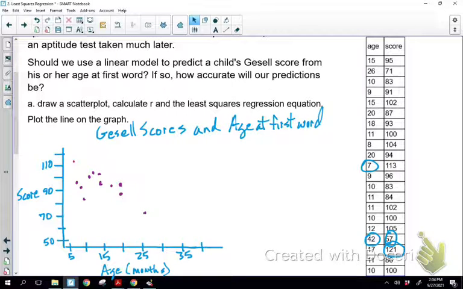I feel like I already made that dot. Put it right next to it. I feel like I already got lost. 11, 84. I don't know. 11, 102. See, I feel like I already made that dot. A lot of overlap.